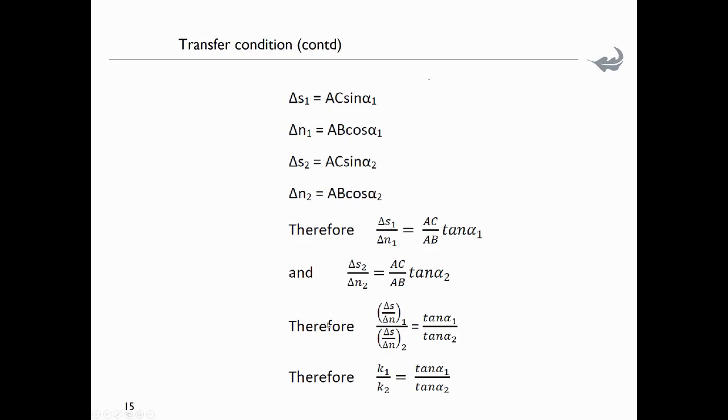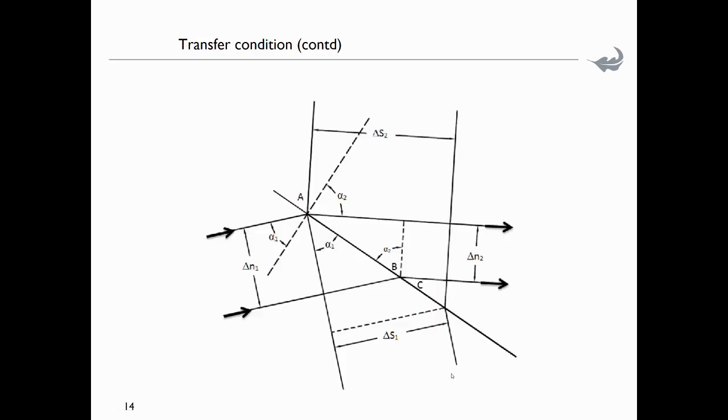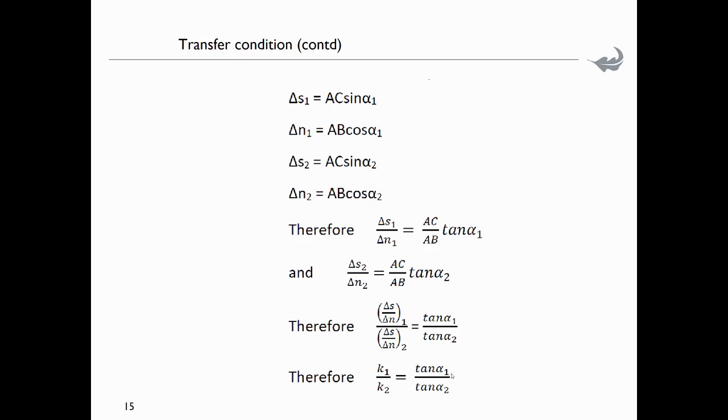And in the end we say K1 over K2 is equal to tan alpha 1 over tan alpha 2. Go back to the drawing in order to make sense of the mathematics. This is simple mathematics that you all did at school, and then you can get the relevant values and solve for a particular value.